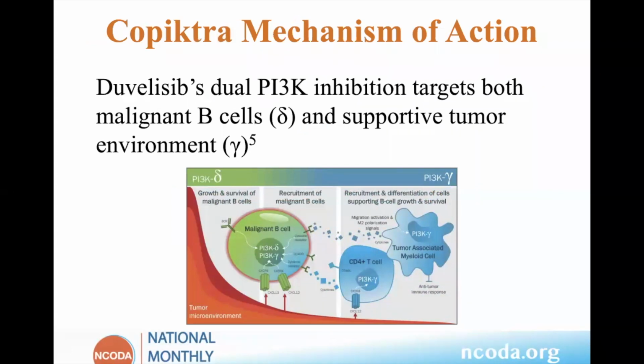The delta isoform is primarily found in malignant B cells, so when you block this isoform, you reduce the growth and survival of these cells. And the gamma isoform is found in T cells and tumor-associated myeloid cells. So when you inhibit the gamma form, you reduce the tumor support cells, and it enhances the change of macrophages from a more immunosuppressive form to a more anti-tumor form.